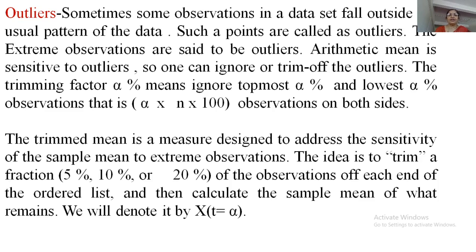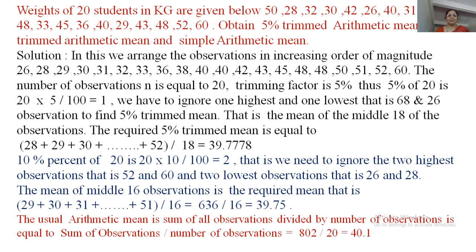Generally the trimming factor is alpha percent, meaning you ignore alpha percent of observations from both sides of the ordered data set, deleting some extreme observations on both sides. Generally we find 5%, 10% or 20% trim mean, and it is denoted by x bar t.